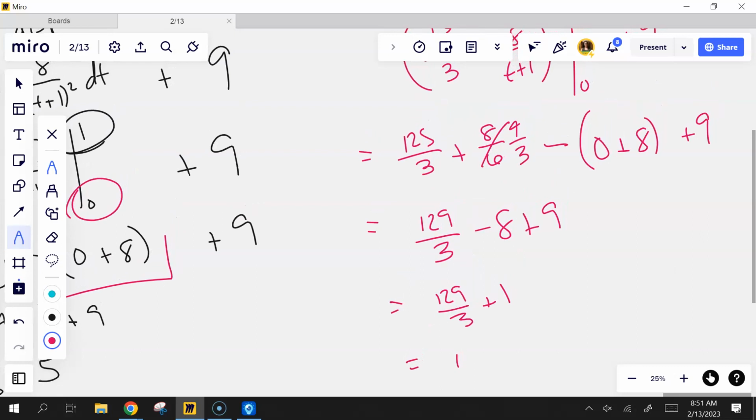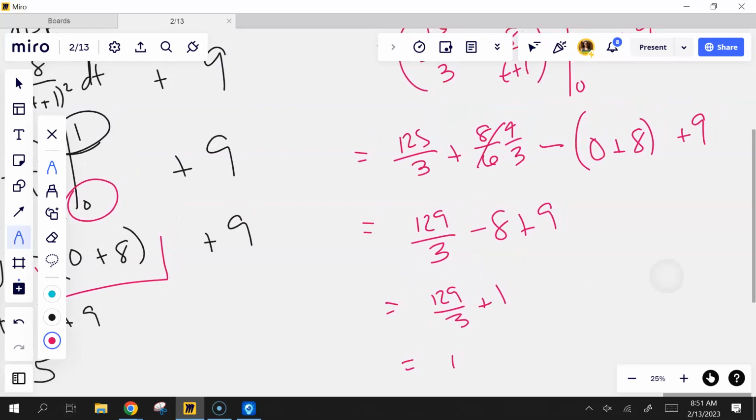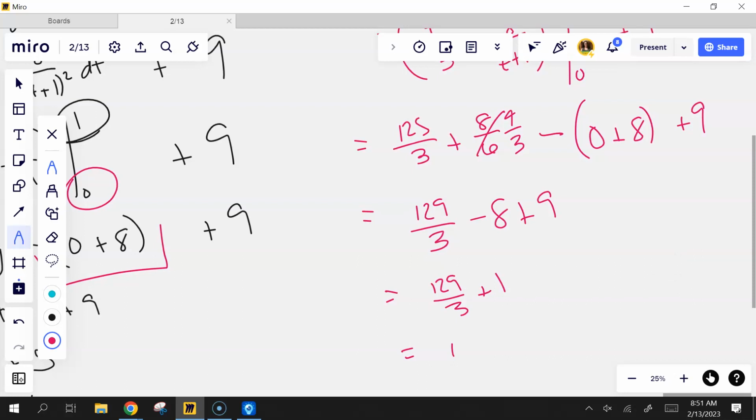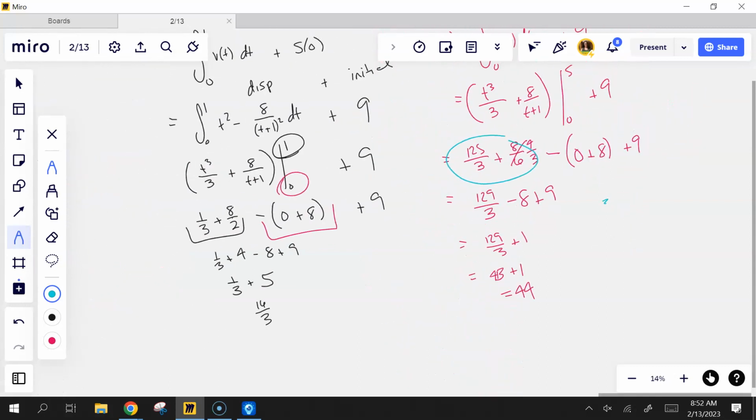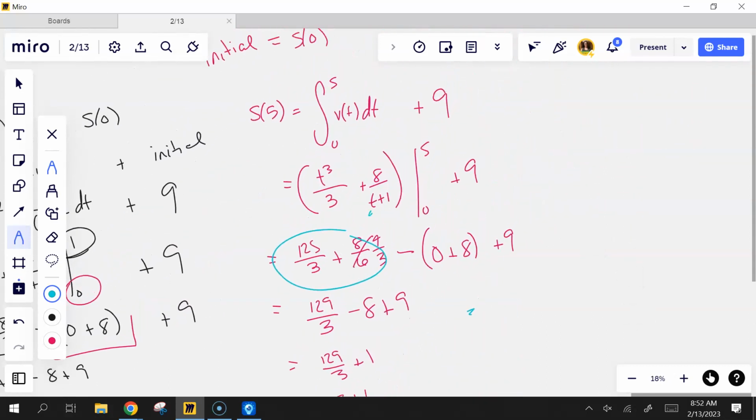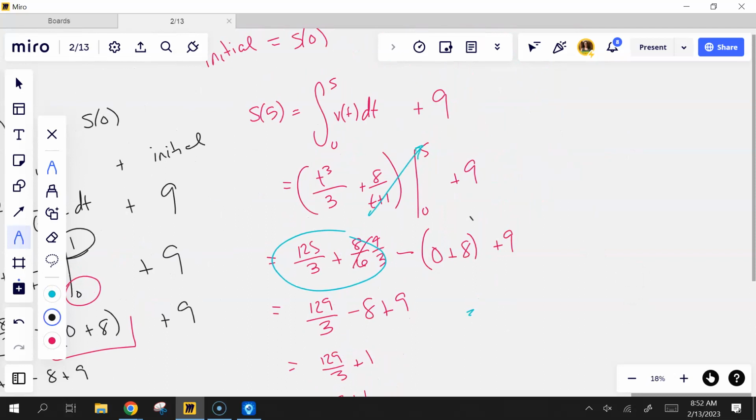Whoa, I messed up somewhere. Oh, you're right. So this is where I plugged in 5. This is where I plugged in 0 and subtracted.